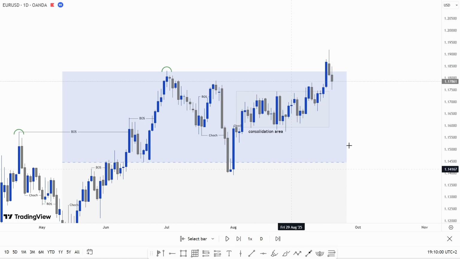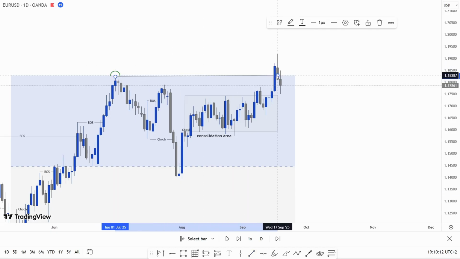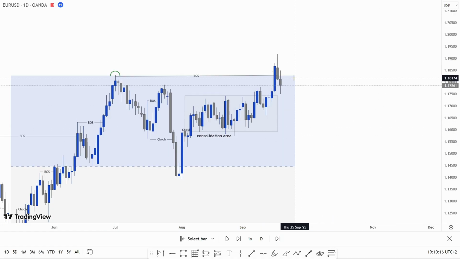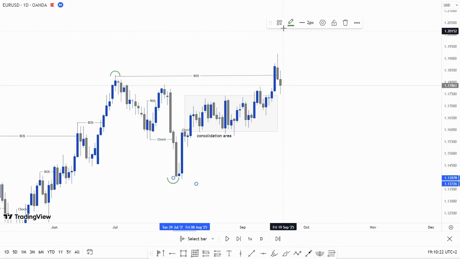Price breaks above and closes. See, we've just exited this consolidation zone, and what happened afterwards? Price targeted this weak swing high. So this led to a break of structure, indicating what to us now? That this is now our strong swing low.